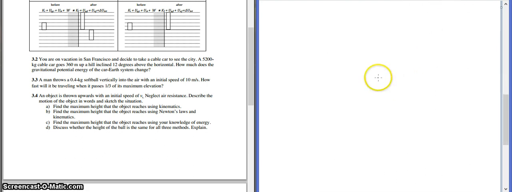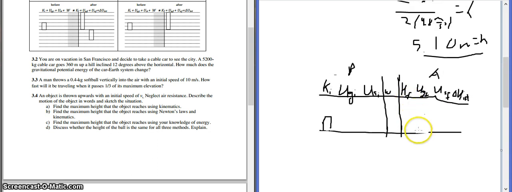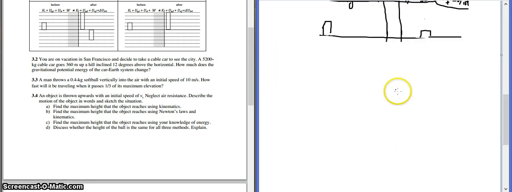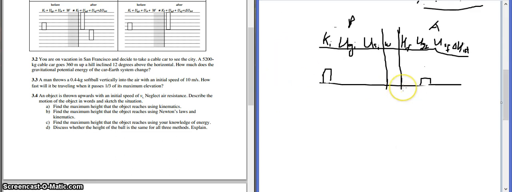Since the ball is at only 1/3, there's not as much gravitational energy, but there's still some because it's above the 0 point line. It's around here-ish, 1/3. And since it's still going up or down, depending however you want to look at it, there's kinetic energy. So these two combined will equal that because energy is always conserved.